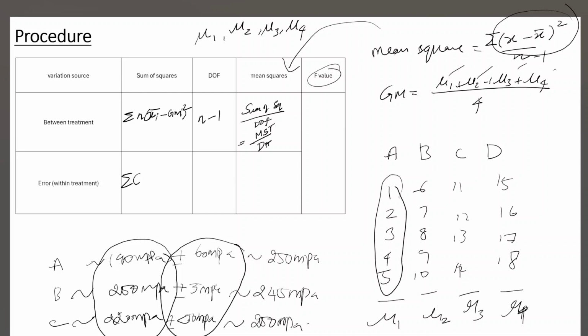Here n is the sample size. I think we are using different terms.